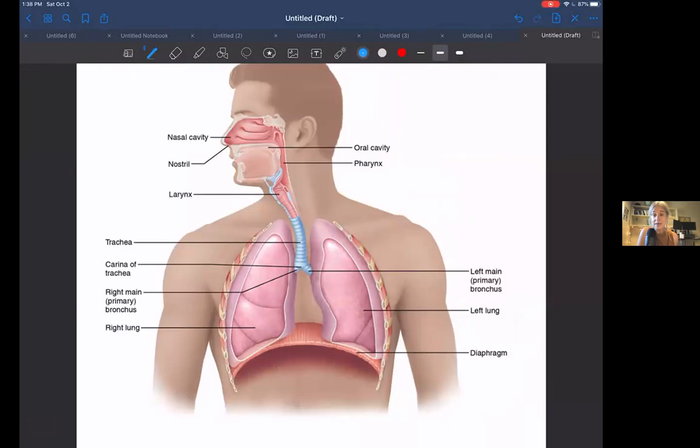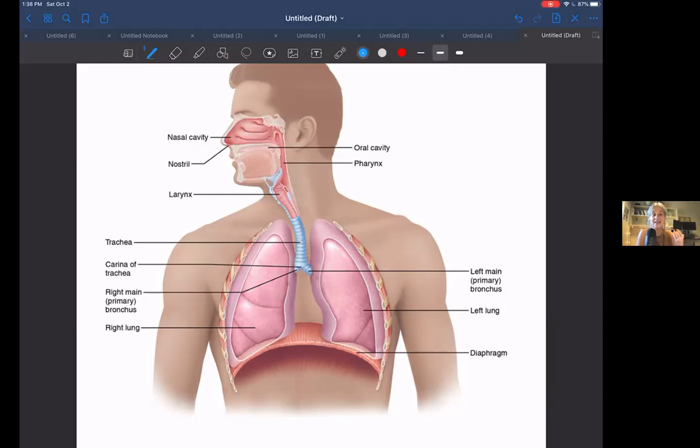We should be breathing in and out through our noses, specifically in, because this is what allows us to filter the air that is going to end up inside of our lungs. It also functions to humidify the air, which prevents water loss across the respiratory surface in our lungs, and it also warms the air when we breathe in through the nose. Sometimes we breathe in through the mouth, however.